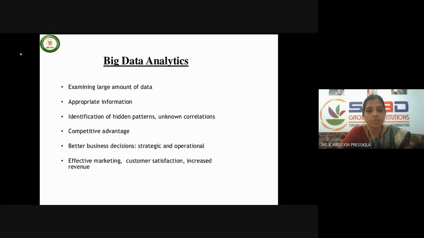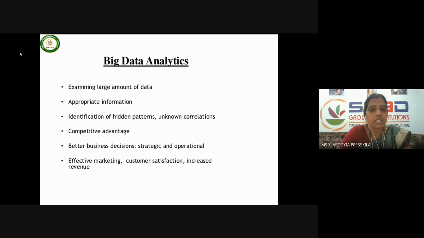There is so much data, and from this you can analyze the data. So you can develop a new business, create a new business, and also develop an old business with the help of big data analysis. So that means better business decisions, effective marketing, customer satisfaction, and increased revenue.